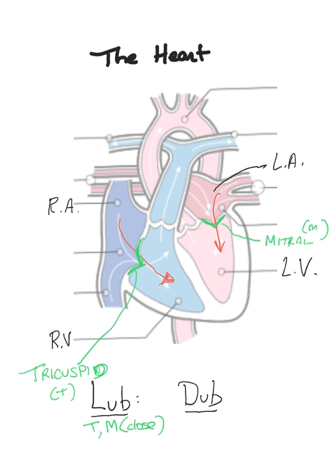When the tricuspid valve and the mitral valve are closed, the two other valves of the heart, here shown in yellow, are open.